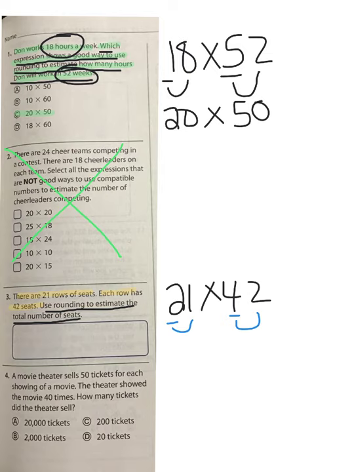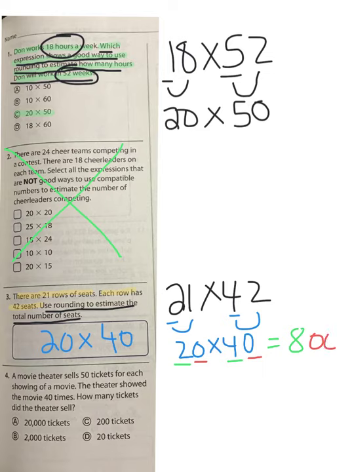So 21 would round to 20, and 42 would round to 40. 20 times 40. Underline your basic fact. So we have 2 times 4, which is 8. Then make sure you add the correct number of zeros.